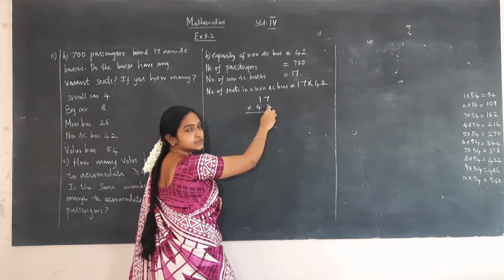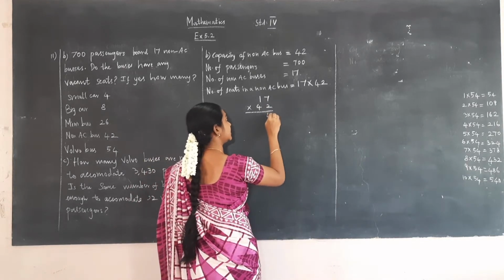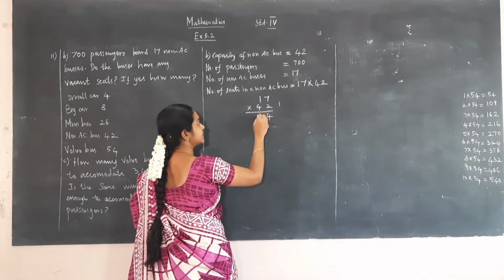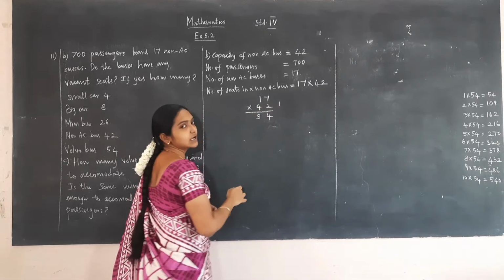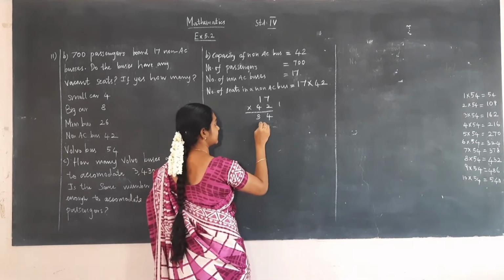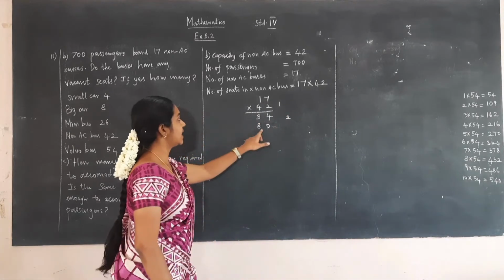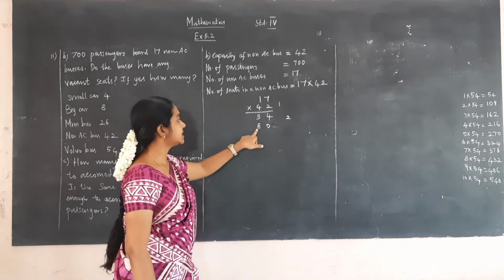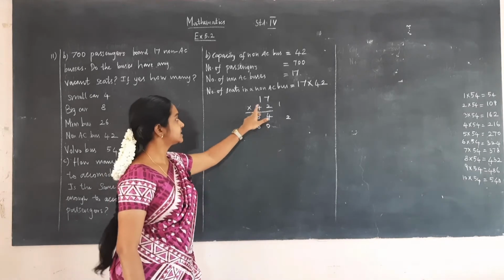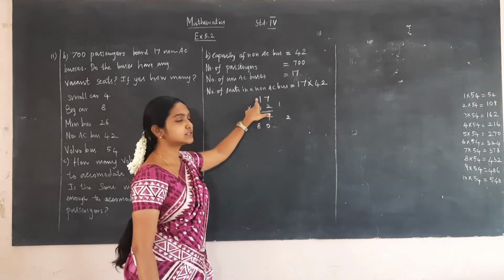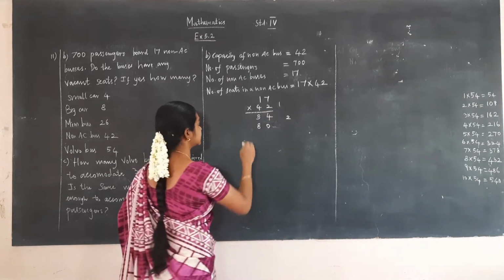7 twos are 14. So write 4 here and 1 is remaining. 7 times 4 is 28, plus 1 is 29... For the second line, you have to put a 0 in the first place and start writing from the second place. 4 sevens are 28. Write 8 here and 2 is remaining. 1 four is 4. 4 plus 2 is 6.